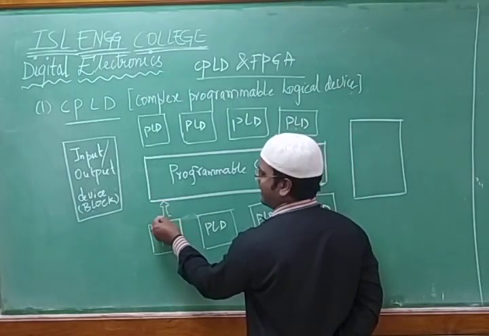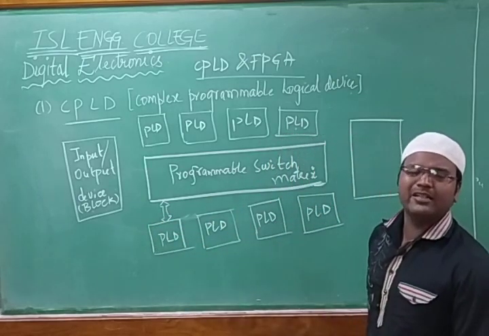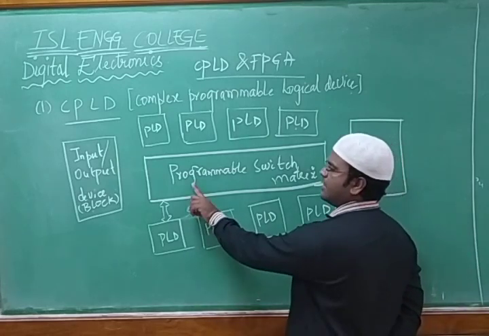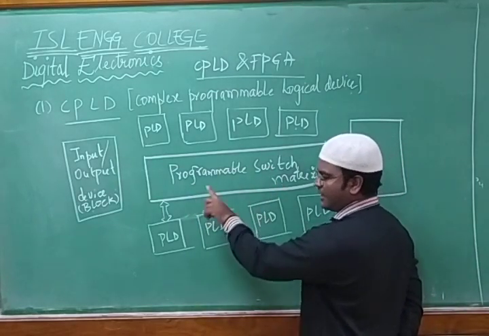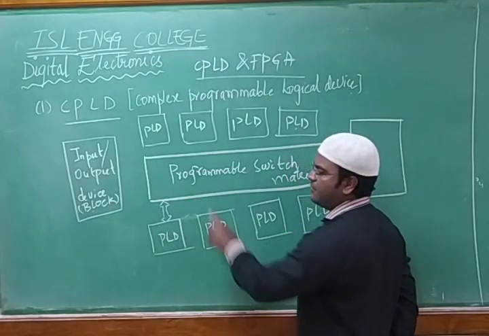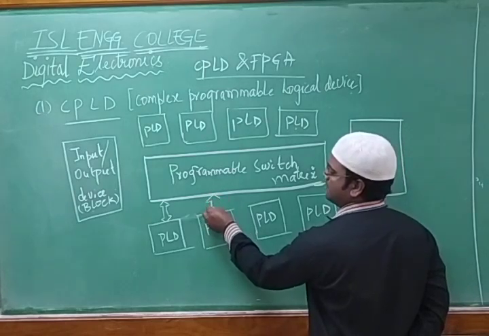What does this arrow mark indicate? It is bidirectional, meaning it can give the instruction and it can take that particular instruction. That is called bidirectional. It can take the instruction from the programmable switch matrix, pass it out to the PLDs, programmable logical devices, and again it will be fed back. So all are like this only. This is also bidirectional.